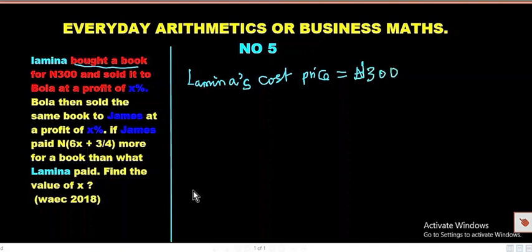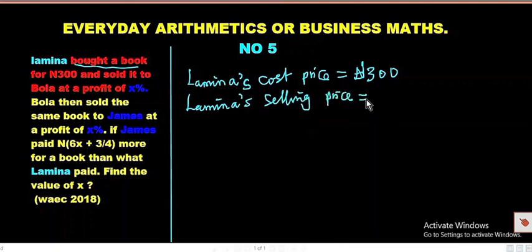But then if Lamina has a cost price, he should have a selling price. I do not know what his selling price is, so I'm going to say Lamina's selling price. I do not know Lamina's selling price, so I'm going to call it Y. Now remember something.